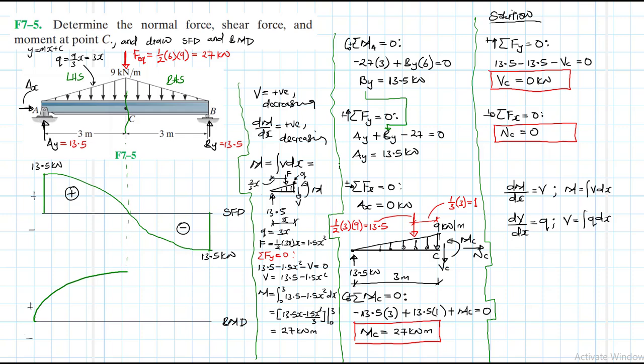So this point here we said is 27 kilonewton meters. And then from there, like we said, this is symmetrical, so we expect the same curve also on the other side. This side will have a negative slope but increasing. So we are done, and this is about it.